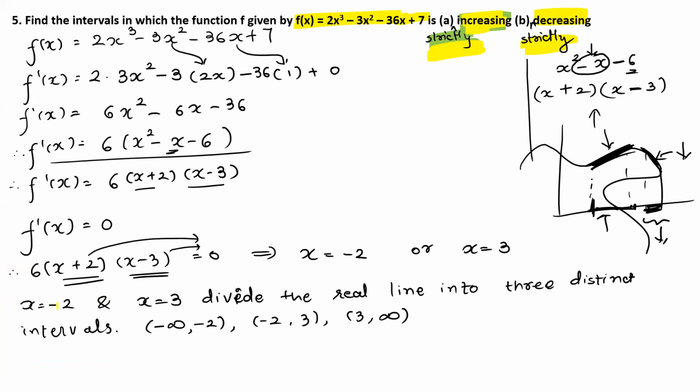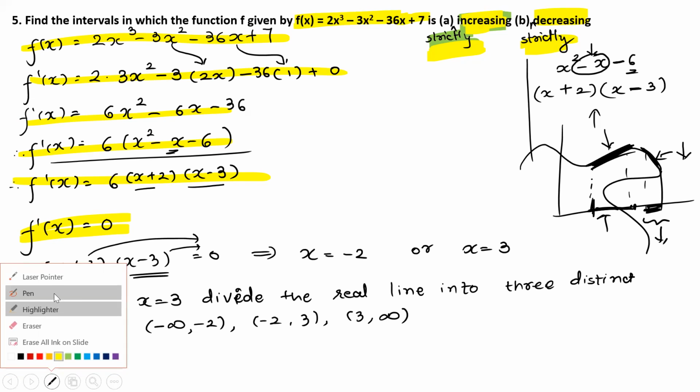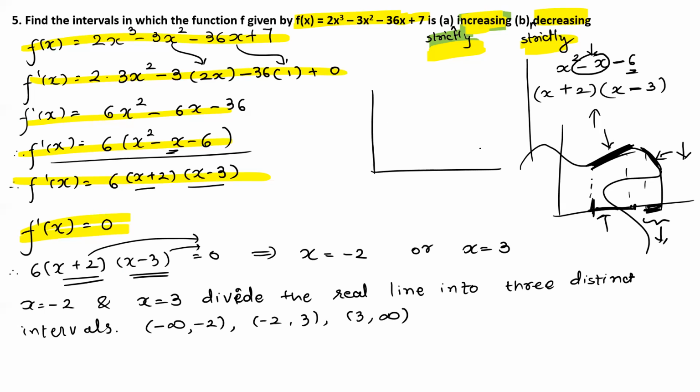Here, first of all, we took f(x), then we did differentiation. Simplification we should do in such a way that we will have different brackets. Why so? Because suppose at some point f'(x) is 0. What does it actually mean that f'(x) is 0? Just try to understand the analogy of it. When you have a curve and f'(x) is 0, that means at that point your slope is 0.